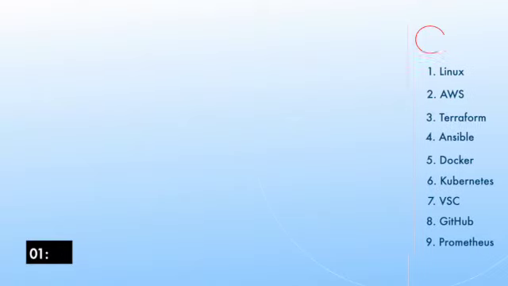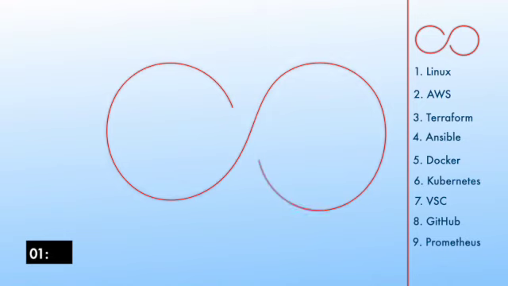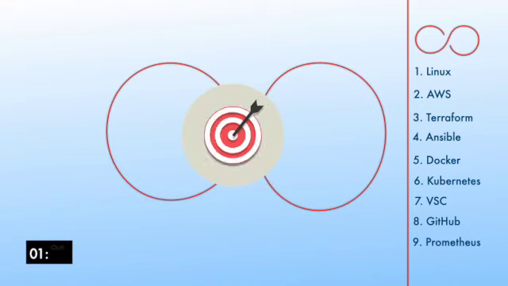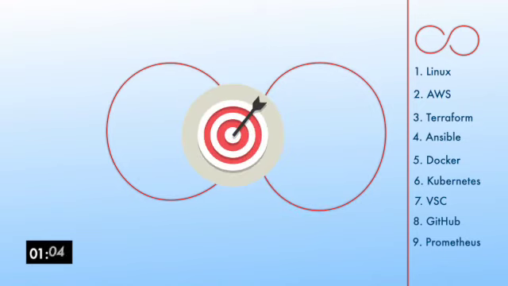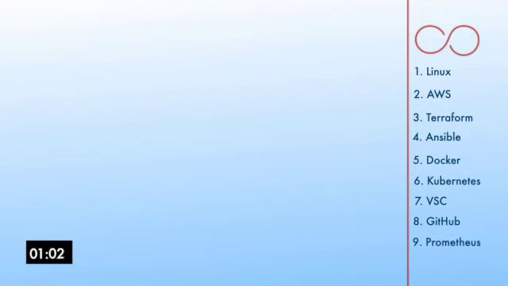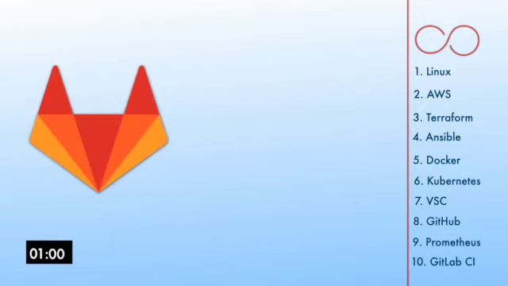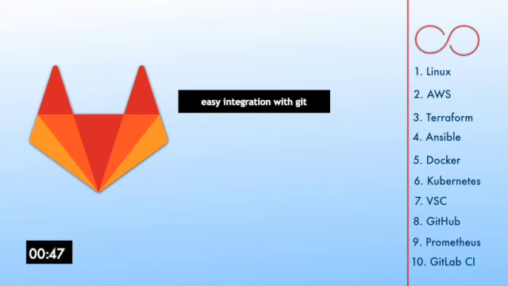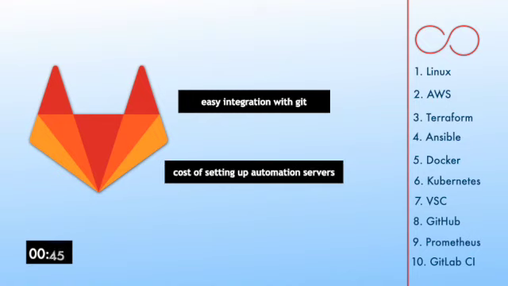Finally, at the center of DevOps is automation, right? Where we automate all the pipeline processes, also known as continuous integration, continuous deployment. CI/CD tools are the most important of any DevOps toolbox. One of the CI/CD tools that is currently gaining popularity is GitLab CI, mostly because of easy integration with Git and the cost of setting up automation servers.